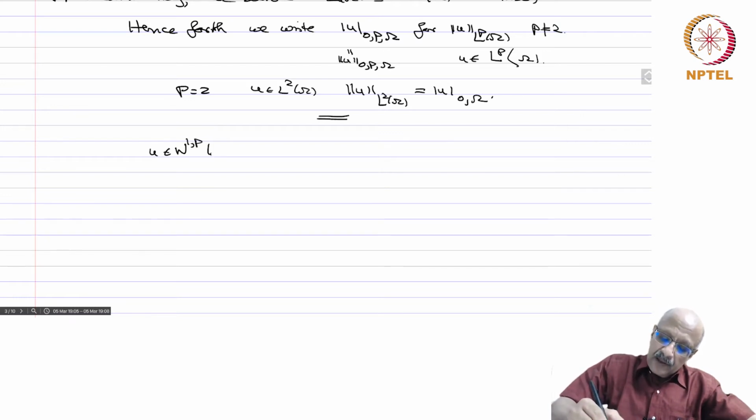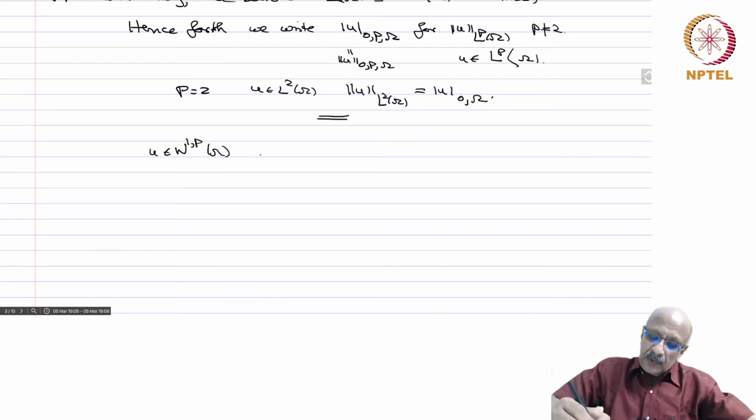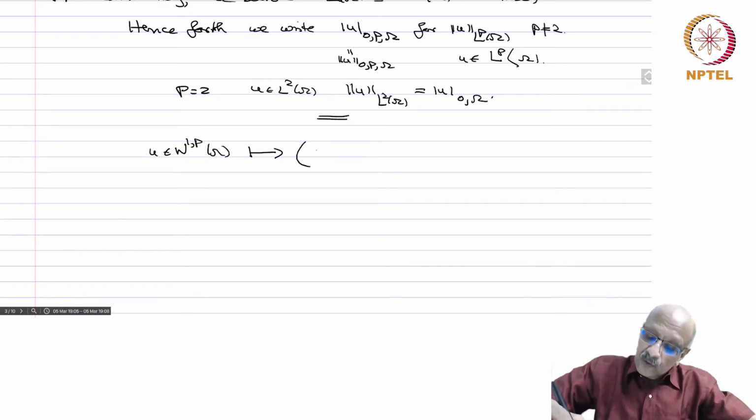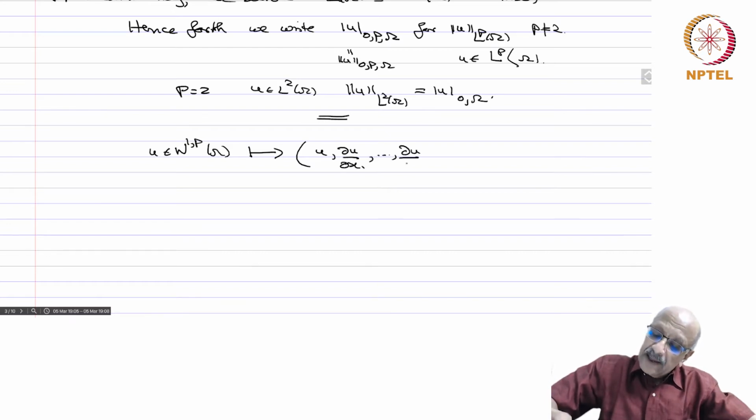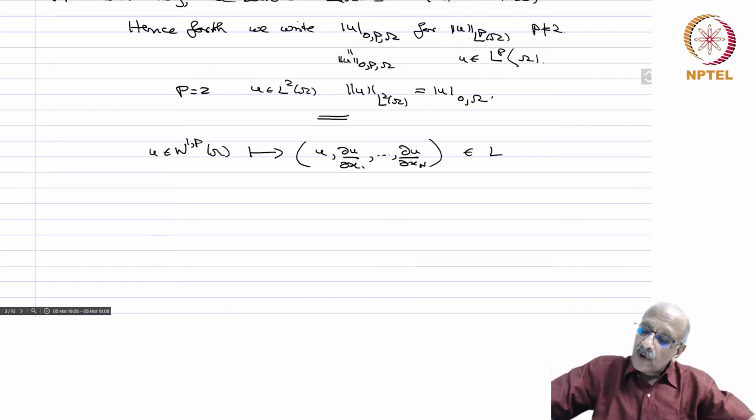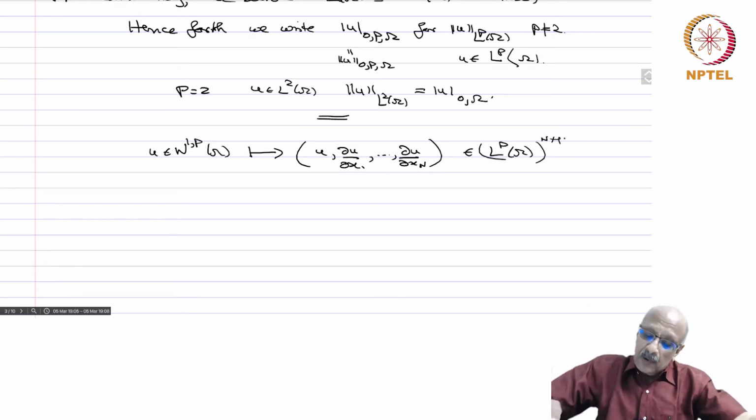what is this? This means u and all its first derivatives are in L^p. Now I am going to map it to the following: u, ∂u/∂x₁, ..., ∂u/∂x_n, and this therefore belongs to L^p(Ω)^{n+1}. So when you have n+1, you can put a product.